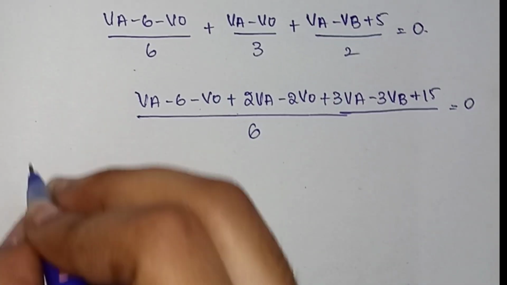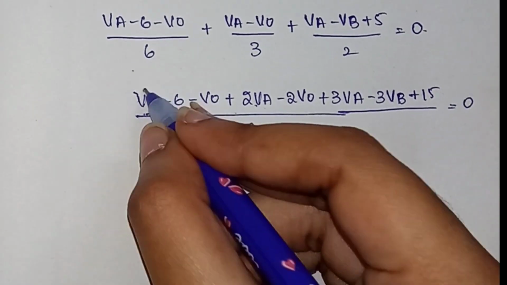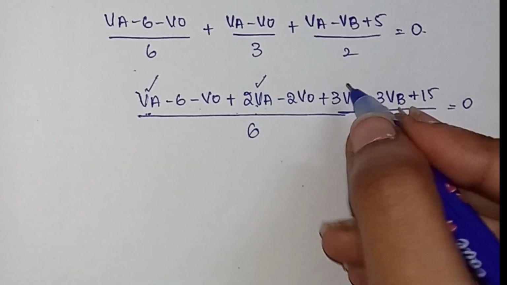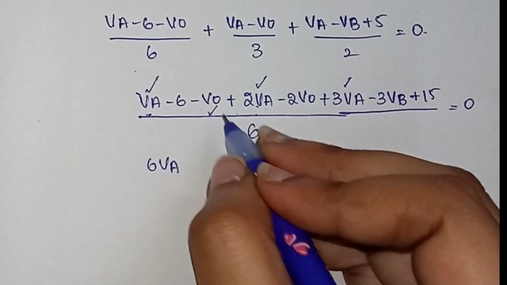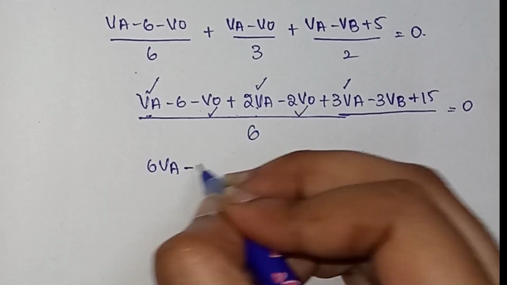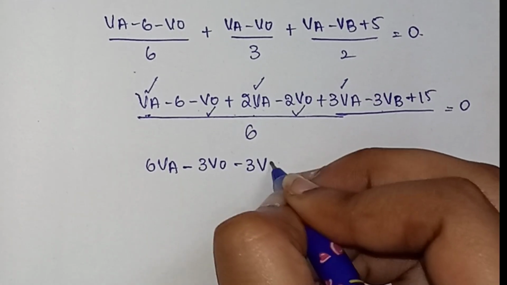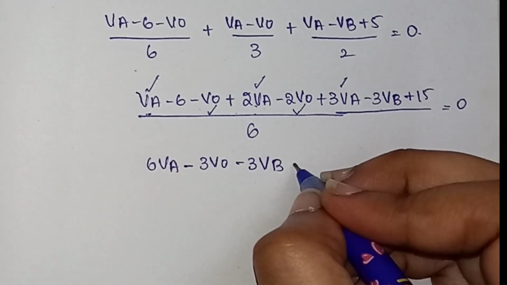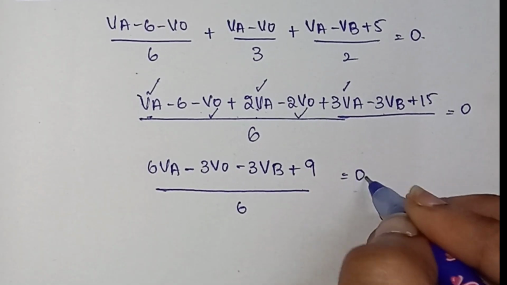Now if we solve this part, we will get 2VA plus 3VA, 6VA. 6VA minus V0 minus 2V0 minus 3V0, and then minus 3VB plus 15 minus 6 gives you plus 9, by 6 is equal to 0.